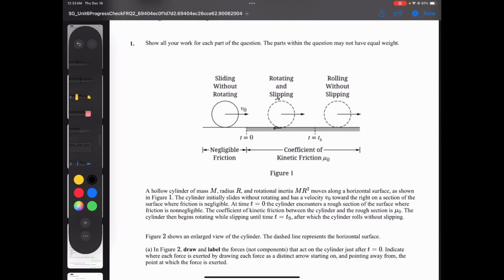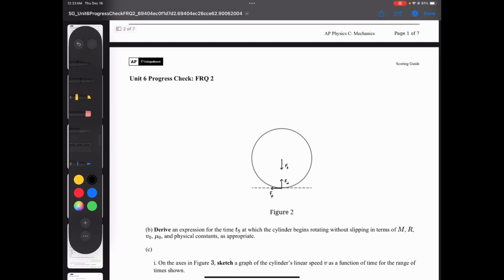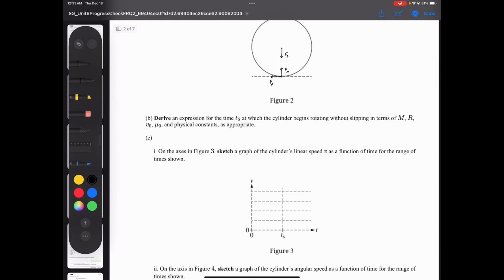And the friction force between two surfaces opposes the motion between those surfaces. So if the cylinder is sliding to the right while the ground is stationary, the ground is going to exert a friction force on the cylinder opposite to the motion. So the cylinder is sliding to the right, and the friction force is going to the left. That's the important distinction for that free body diagram.